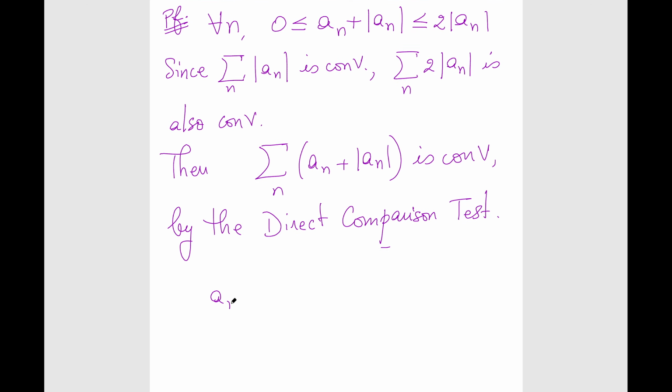And lastly, if you have an, you can rewrite it as an plus the absolute value of an minus the absolute value of an. Am I correct? So you can write it as such. This happens for all n, right?